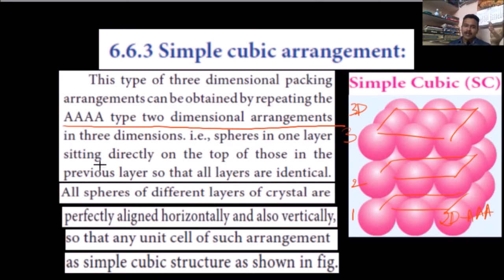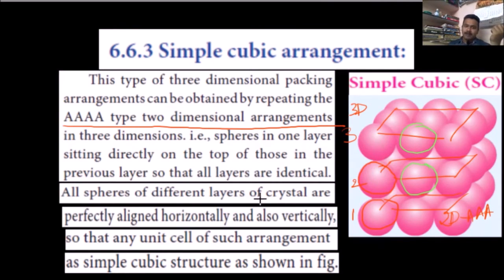Spheres in one layer sit directly on top of those in the previous layer. This atom is sitting exactly on this atom. Again, this atom is exactly sitting on this layer. So this type of arrangement is called a simple cubic arrangement.